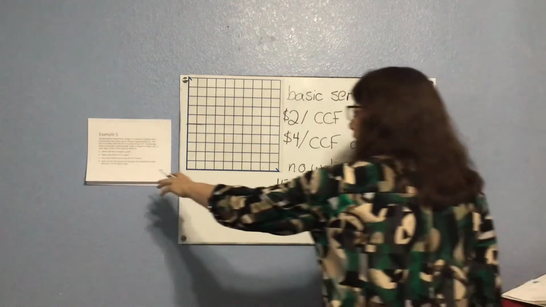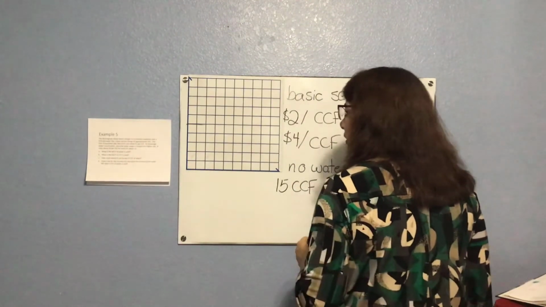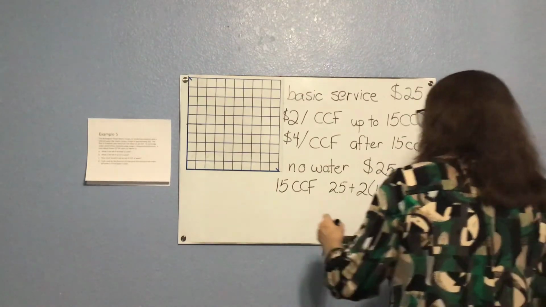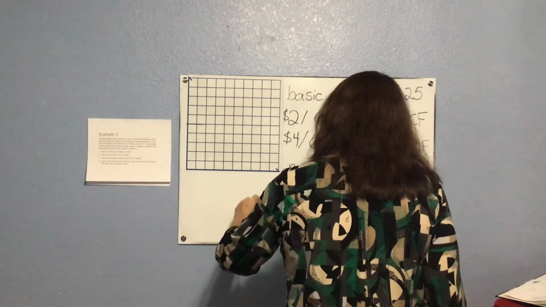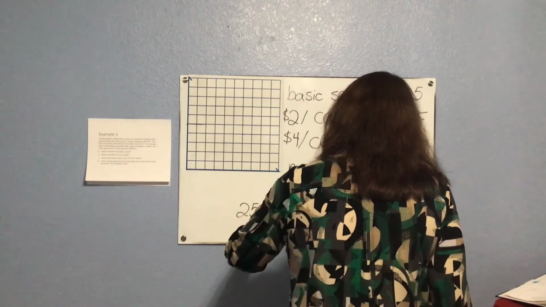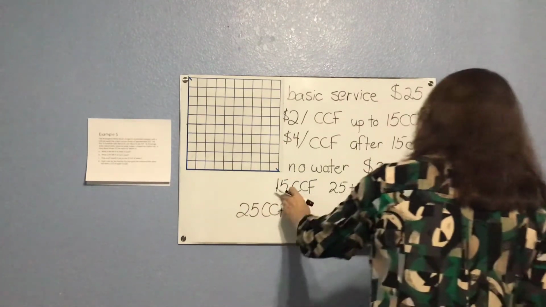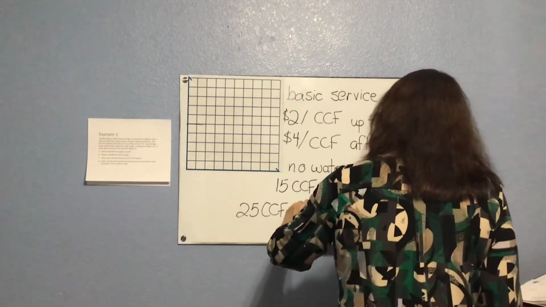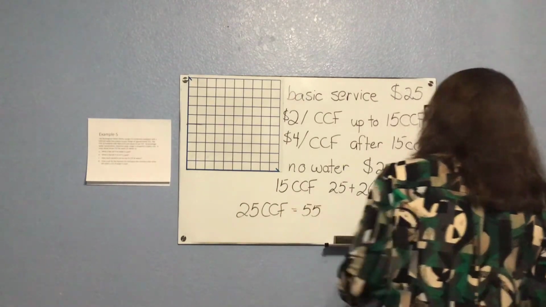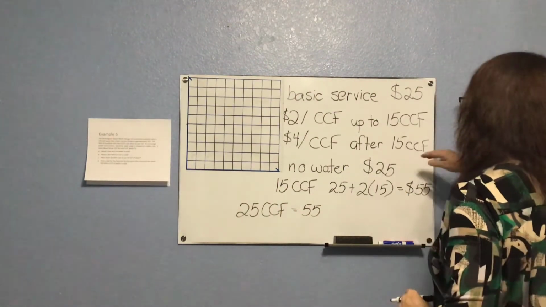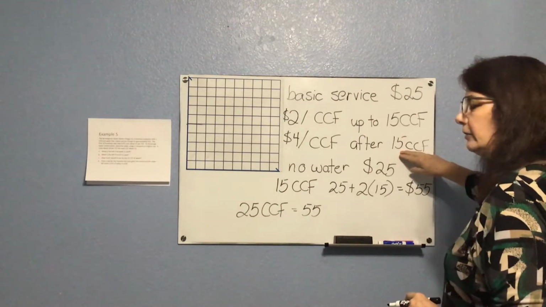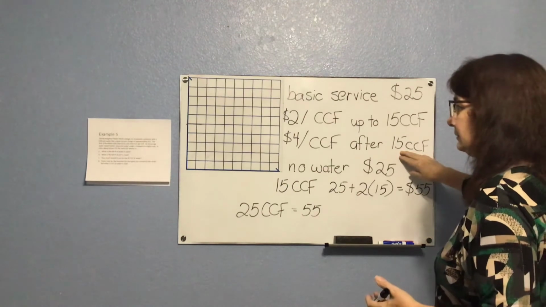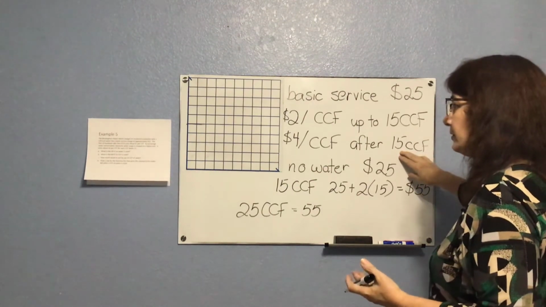Okay. Part C, how much would it cost to use 2,500 cubic feet of water? So for 2,500, I'm going to take a little shortcut. I know for 1,500 my bill's $55. And then after the 1,500 cubic feet, I had another 1,000 cubic feet.